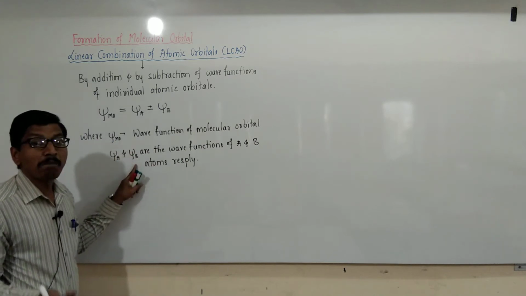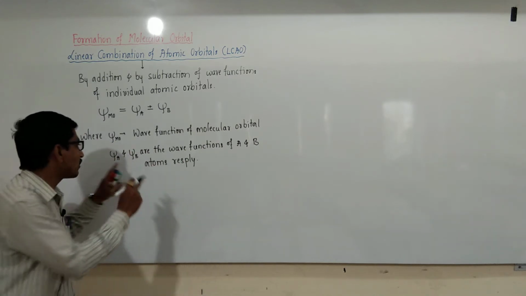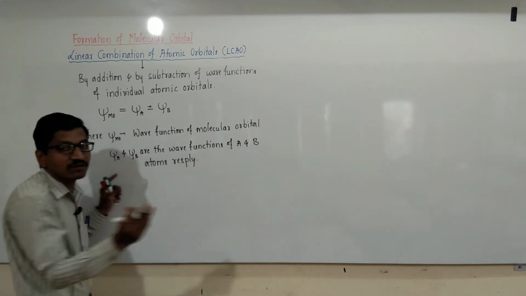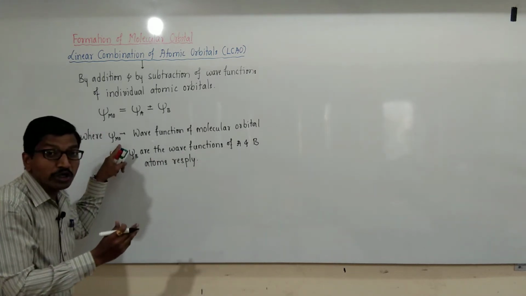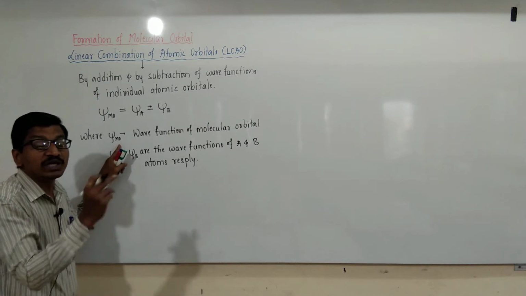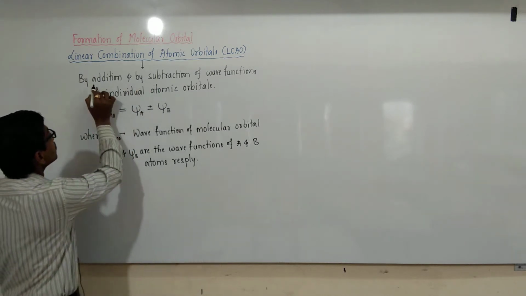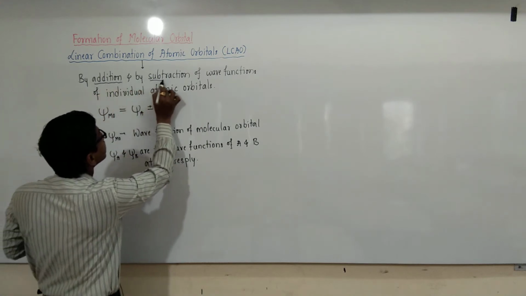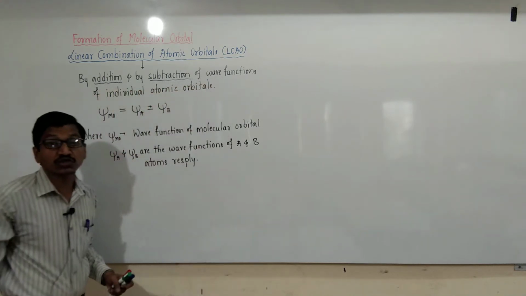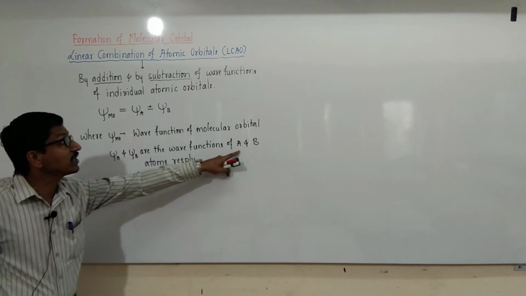There are two atoms, A and B, and these combine linearly to form molecular orbitals. This can take place by addition and by subtraction of wave functions of individual atomic orbitals.